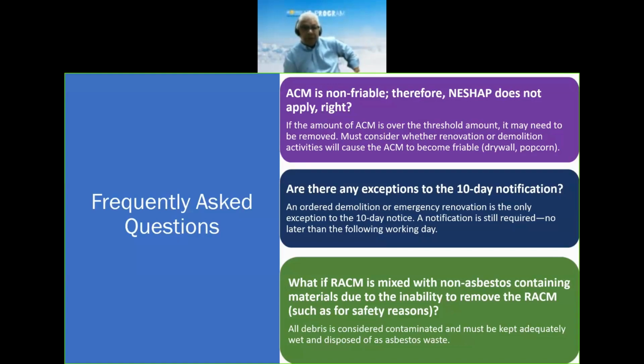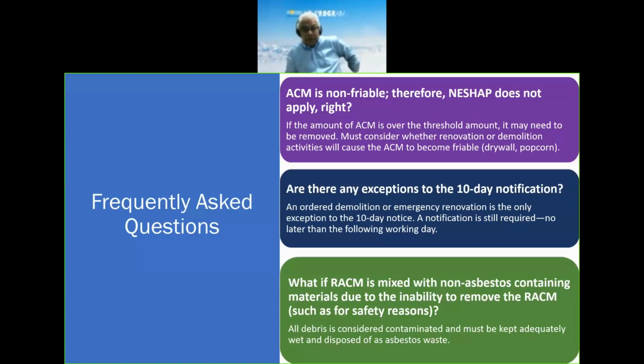You must consider whether renovation or demolition activities will cause the ACM to become friable: drywall, popcorn, or even floor tiles. I mean, if you are going to be using power tools and you have asbestos floor tiles, you may need to remove it before you actually do the demolition of the building.